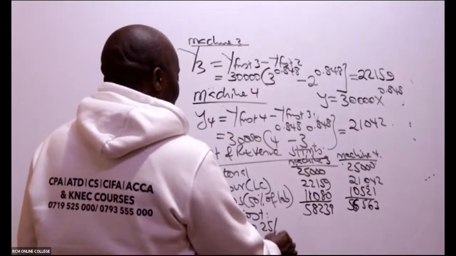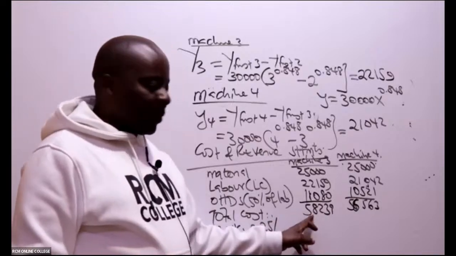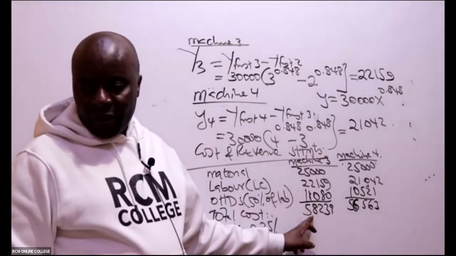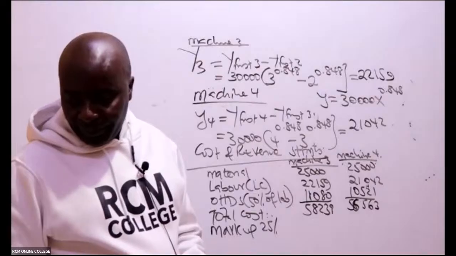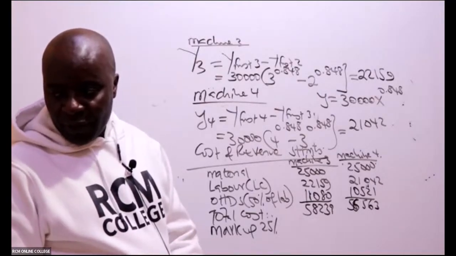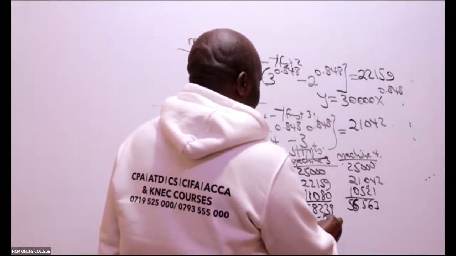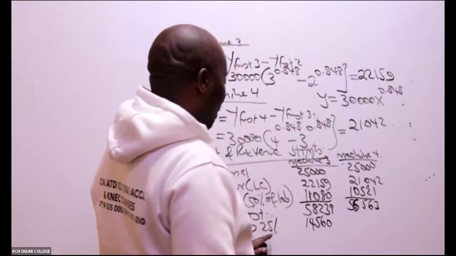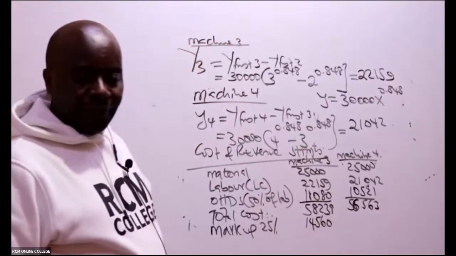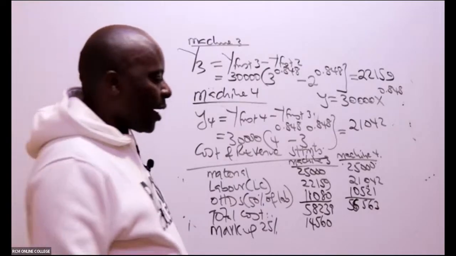Then come and give us the markup. Markup is 25% of the cost. So 25% of this is 14,560. How about 25% of this? 14,141.